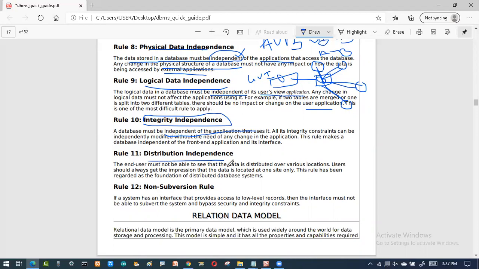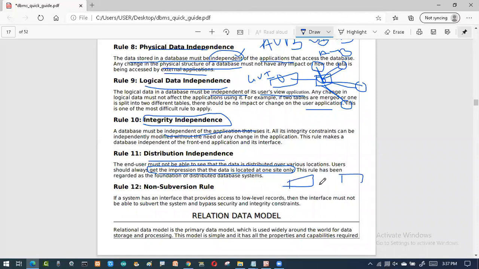Coming to distribution independence. As it says, data has been distributed, and for the user it should appear that he is using only one system. He should know only that he is the user and that there is a server.